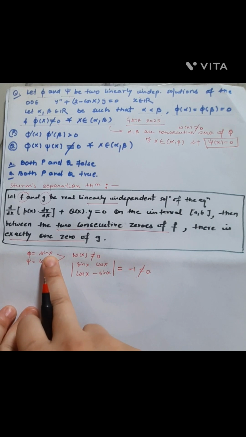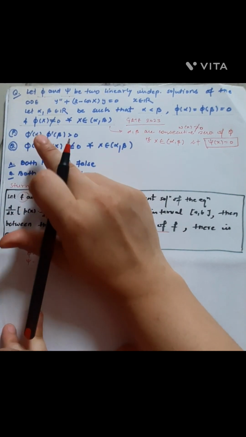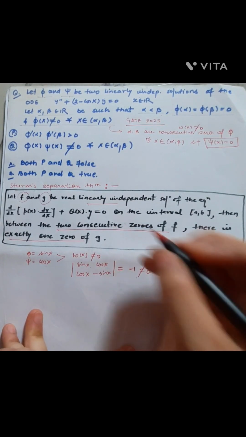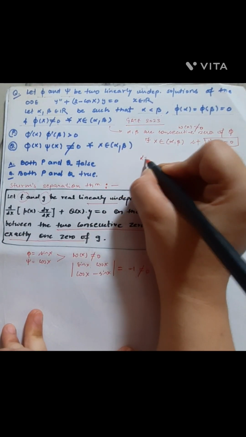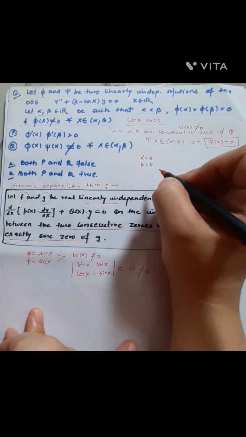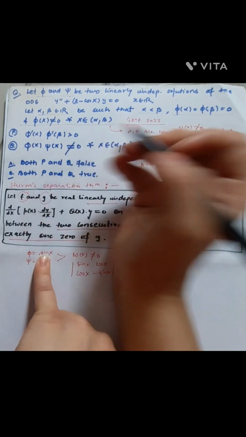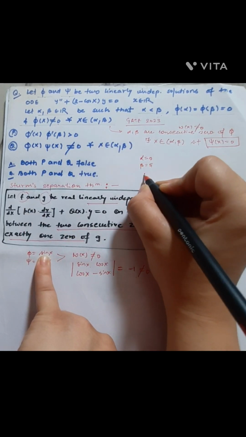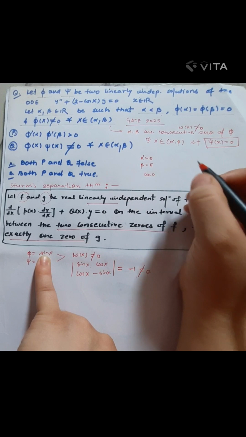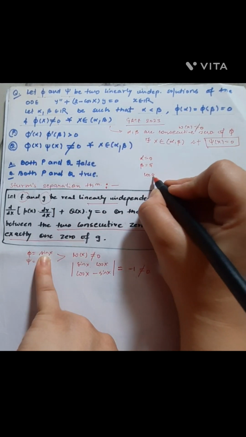Okay, so we assume phi is sin x. So what is phi dash? Phi dash is cos x, right? And assume that alpha is 0 and beta is pi. Phi dash is cos x, so what is cos of 0?